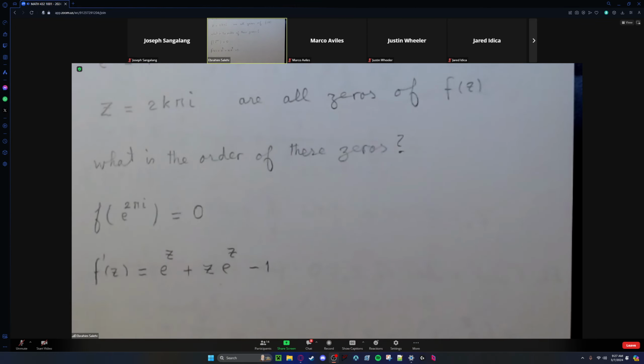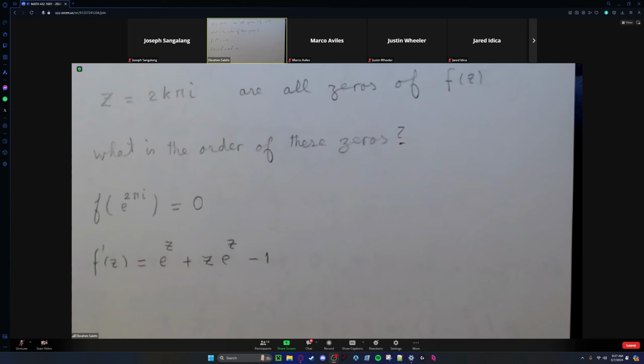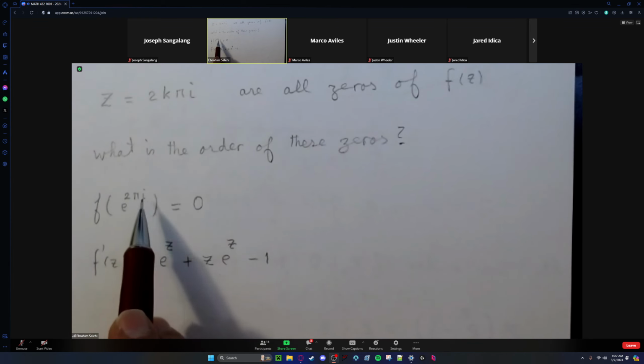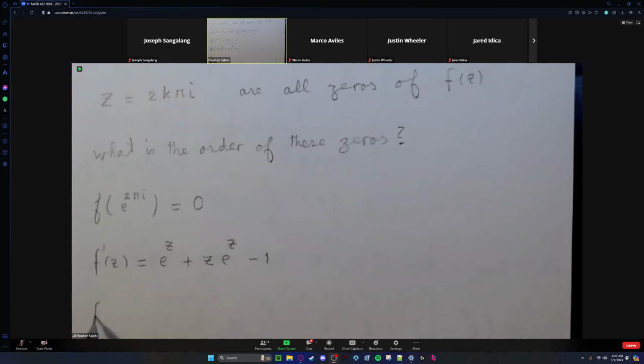What happens if I replace z by 2 pi i? So f prime of 2 pi i: e to the 2 pi i plus 2 pi i e to the 2 pi i minus 1.